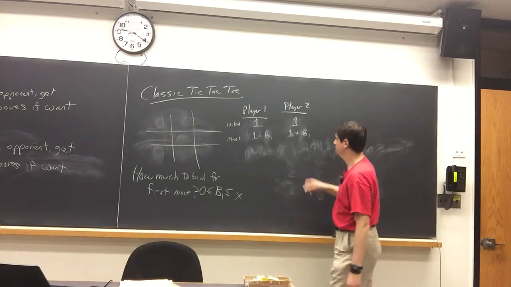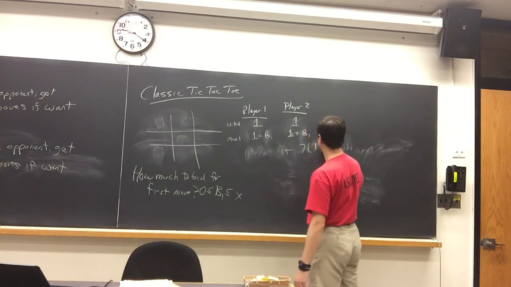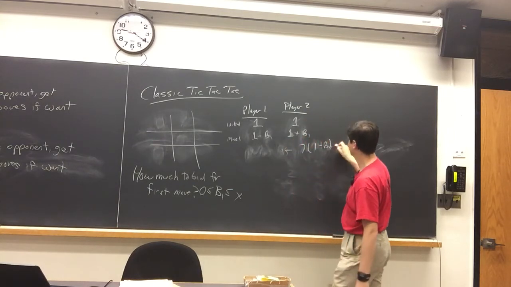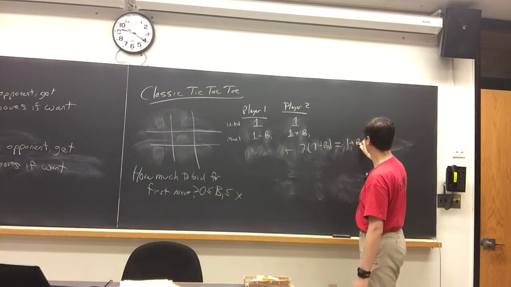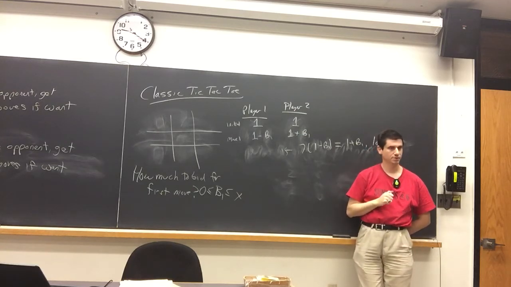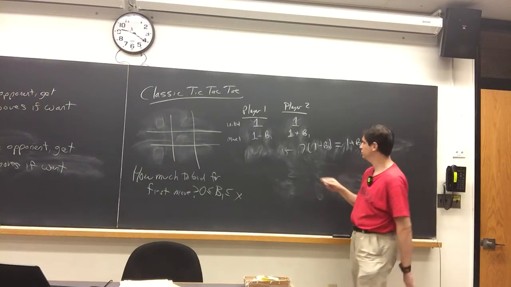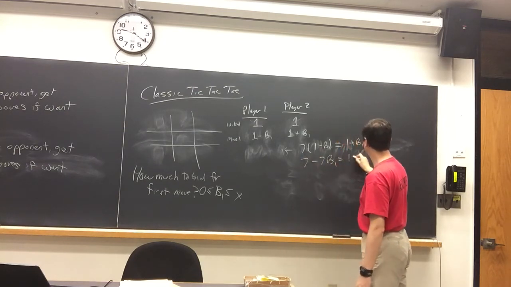So if 7 times 1 minus b1, the critical value will be when this equals 1 plus b1, we lose. Right? So if we go through this, we get 7 minus 7b1 equals 1 plus b1.